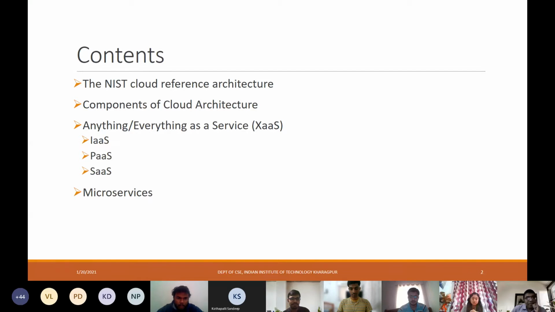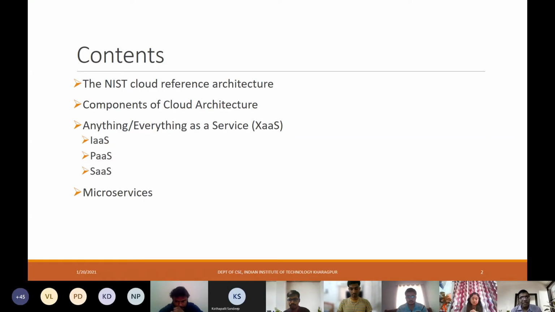So basically NIST, which I think many of you are already familiar with. NIST, National Institute of Standards and Technology, is the full form. Please check it out. It is based in the US. NIST came up with the reference architecture for cloud computing, and there are different components of that architecture.